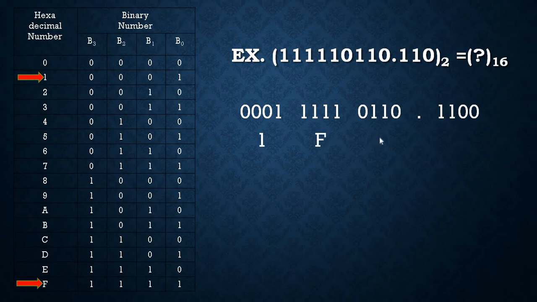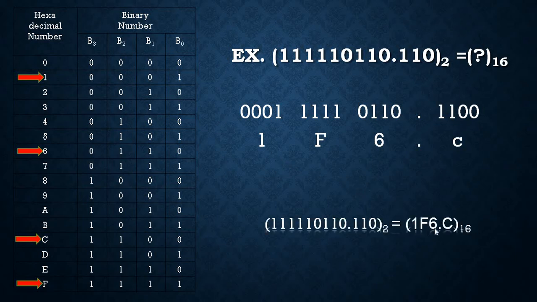For 0110 we get the hexadecimal digit 6, we write here, and again the point remains as it is. For the next group 1100 we get the hexadecimal digit C. Now we combine this result as 1F6.C to the base 16. So in this way we convert a binary number into the hexadecimal number system.